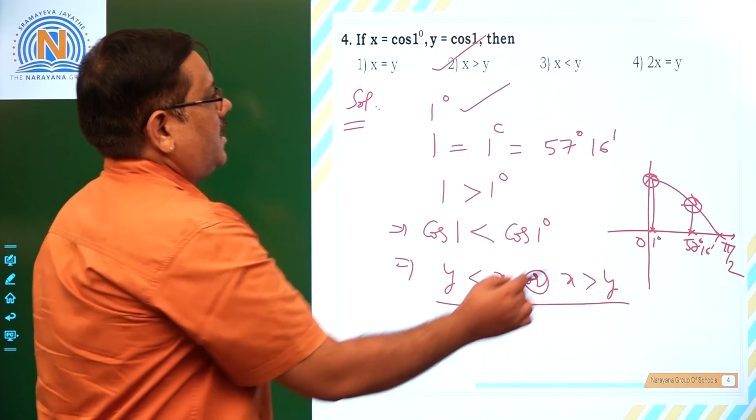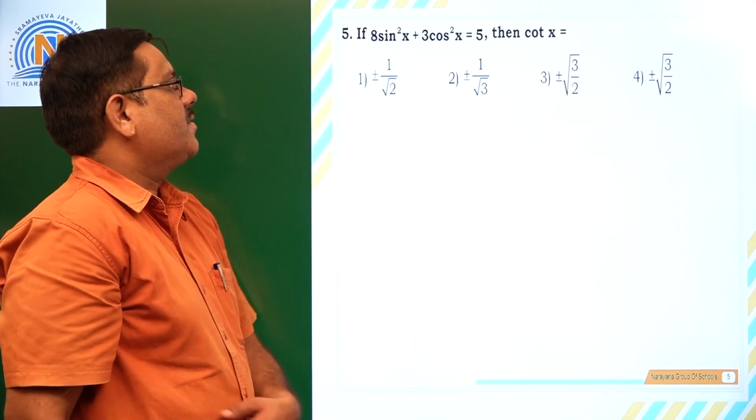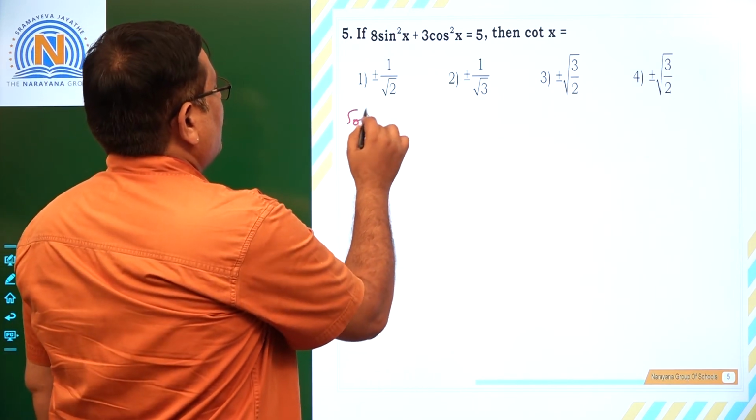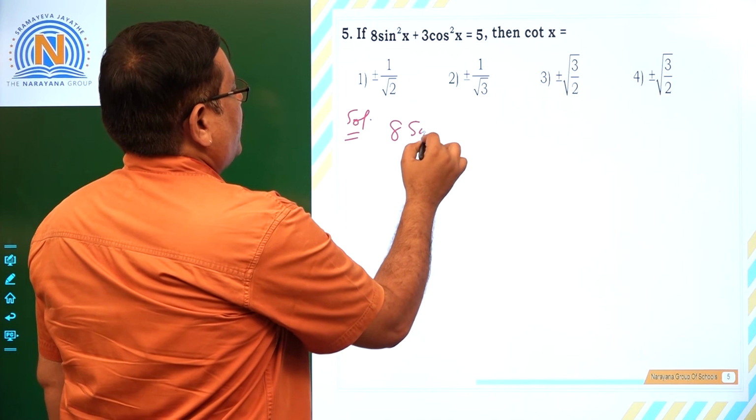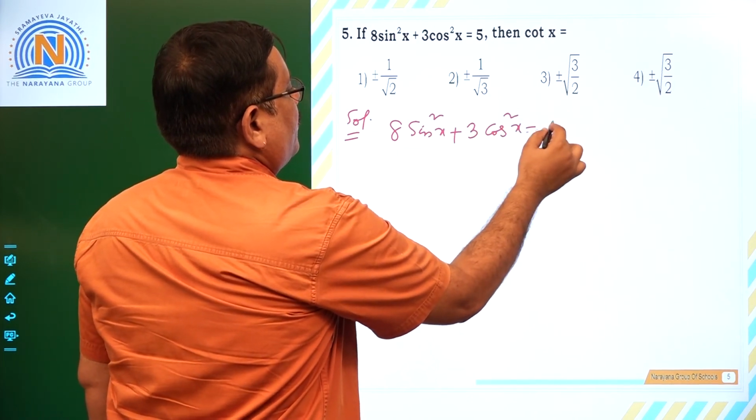Okay, now let us see the next question. 8 sin square x plus 3 cos square x is equal to 5. Then what is the value of cot x? 8 sin square x plus 3 cos square x is equal to 5.